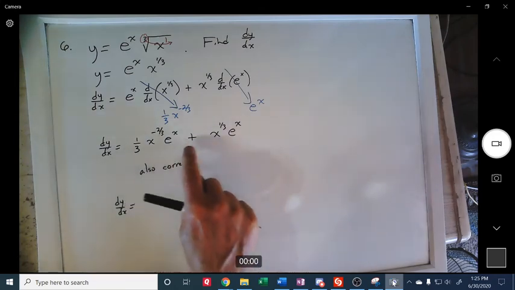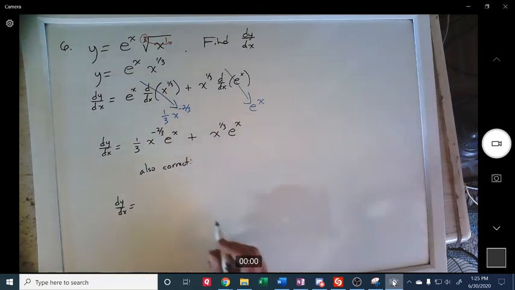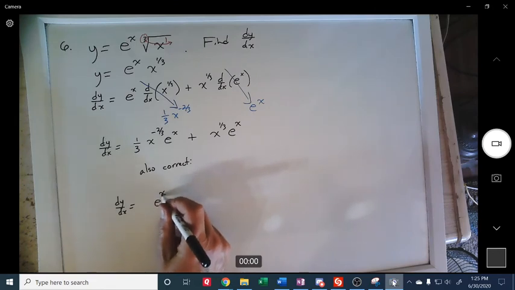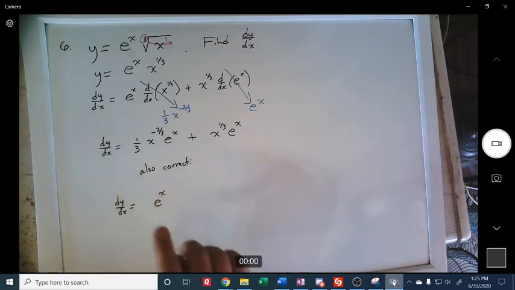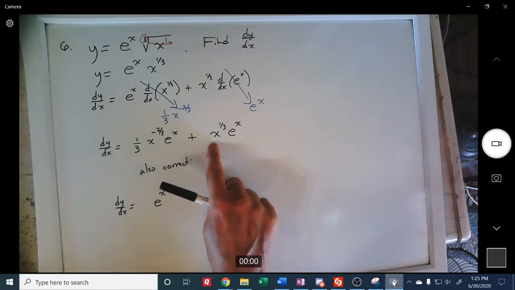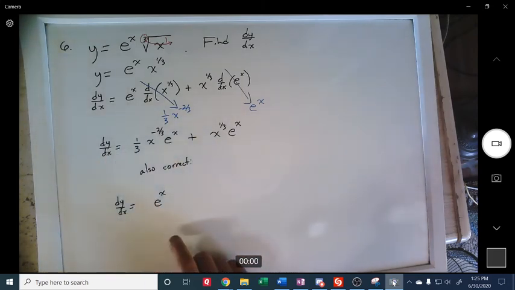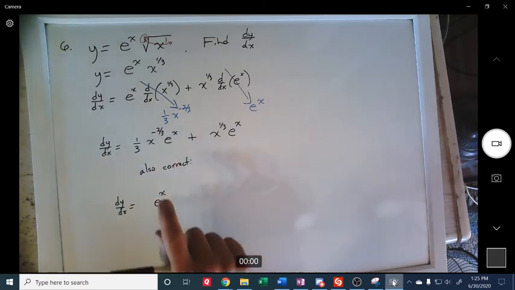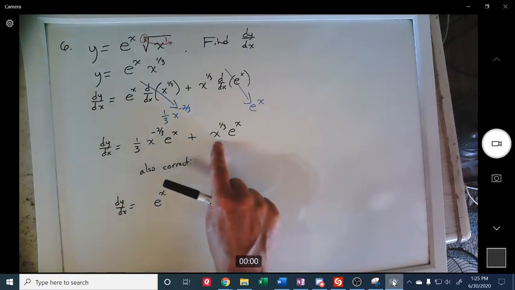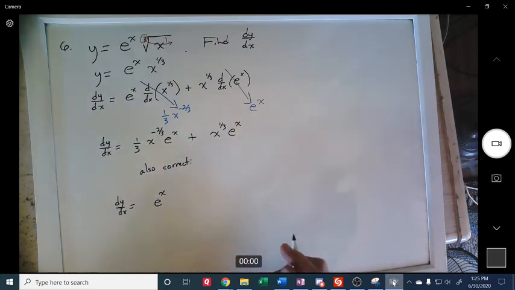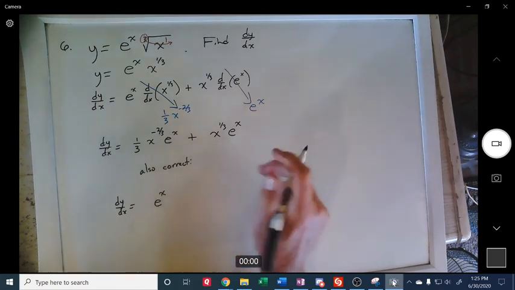There are two terms here. What's common between these two terms? Well, they both have an e to the x. Number-wise is a 1/3 here and nothing here, so I wouldn't factor anything yet, any of the coefficients. But what about x to a power?